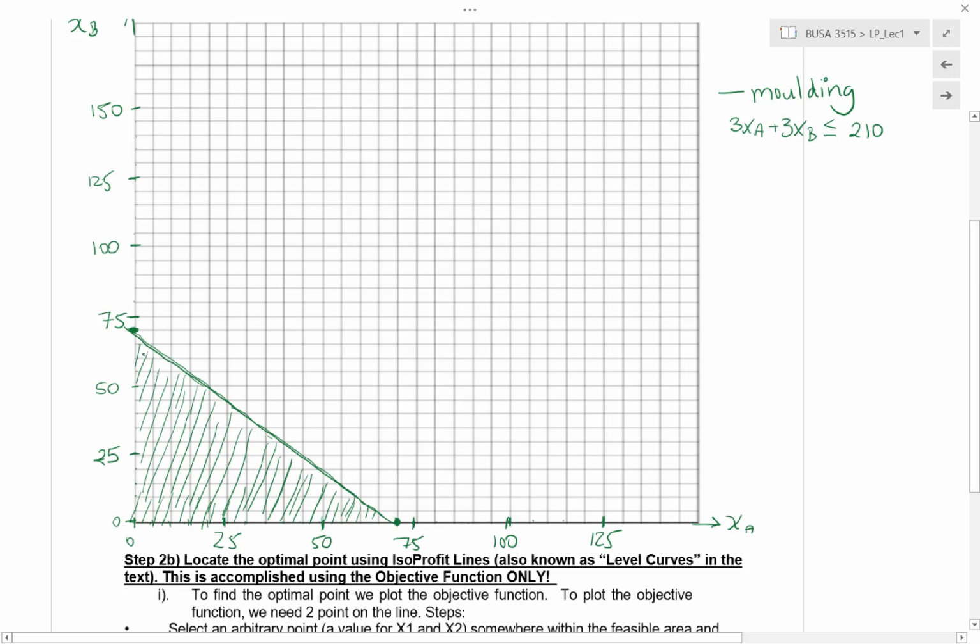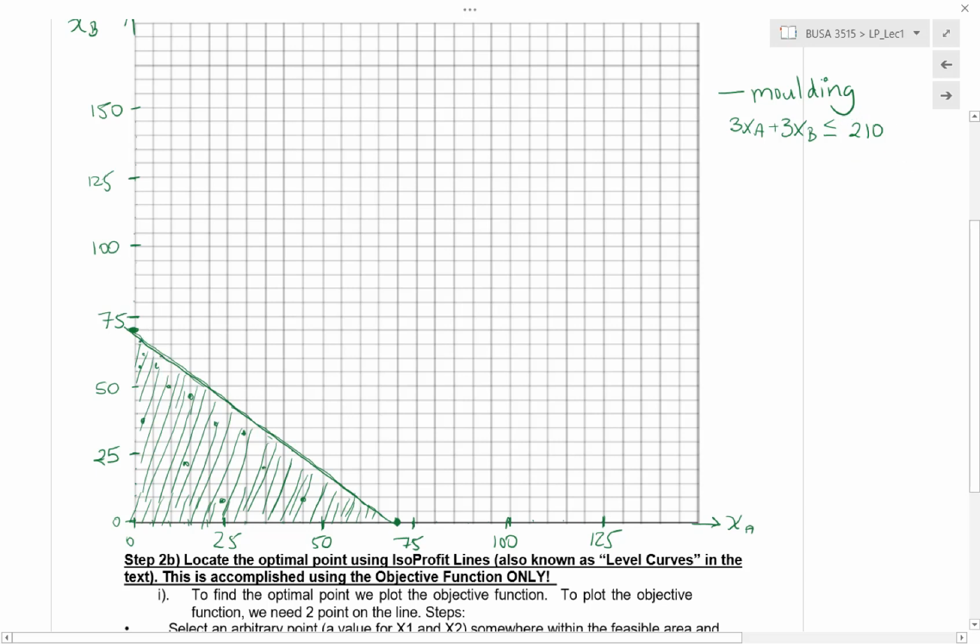So here's all the possible X and Y values. So any point within this area would be allowed. When you added up 3 times the XA value and 3 times the XB value, anywhere in this area, you would have the sum of those two values less than 210.